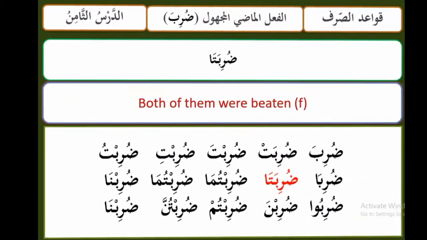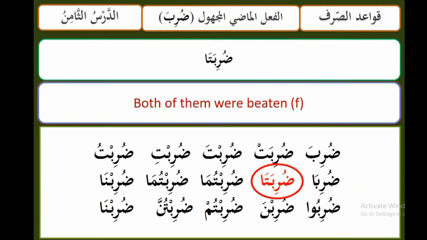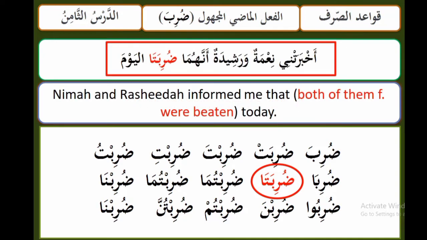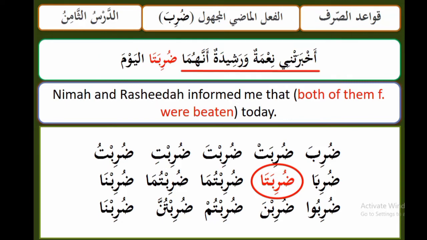The next is ضربتا, and this means both of them were beaten for feminine gender. Example: أخبرتني نعمة ورشيدة أنهما ضربتا اليوم. This means Ni'ma and Rashida informed me that both of them were beaten today.